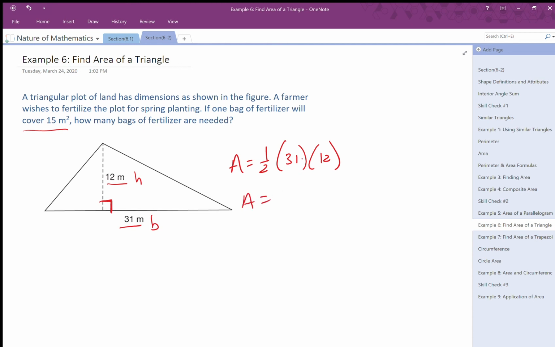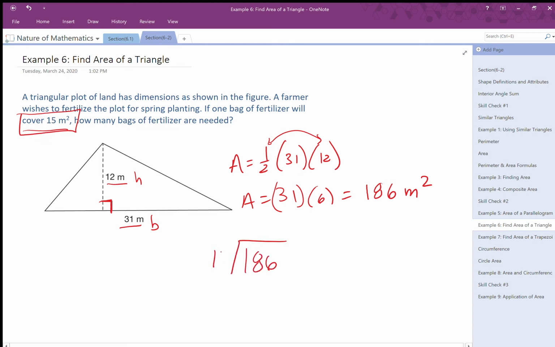Area equals, I'm going to multiply 1/2 by 12 and get 6. So it's 31 times 6, which is 186 meters squared. One bag will cover 15 square meters, so 186 divided by 15.